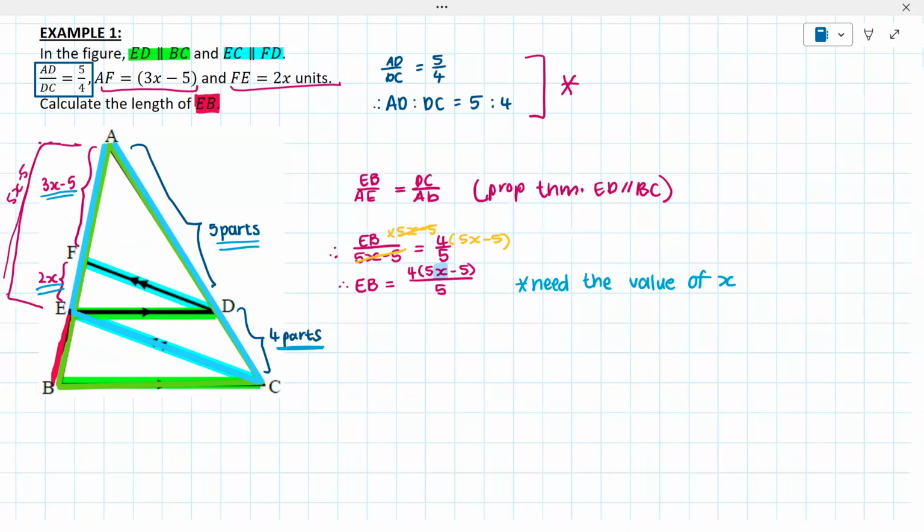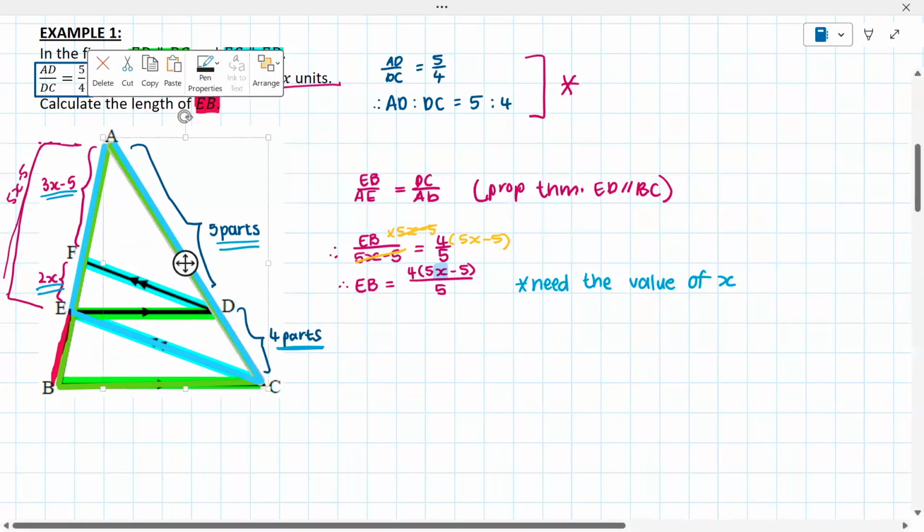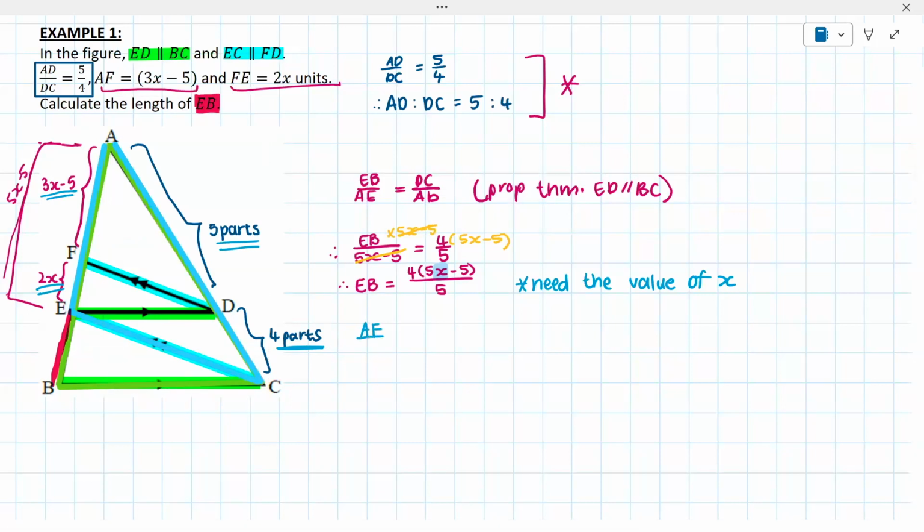I can set up another proportion. So that's exactly what I'm going to do. You can start with whatever you want. It really makes no difference. AF over FE is equal to, remember, AF matched up with AD and FE matched up with DC. Prop theorem. But now I'm in the blue triangle, FD parallel to EC.